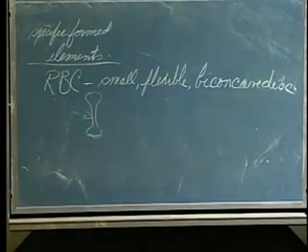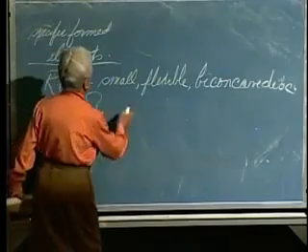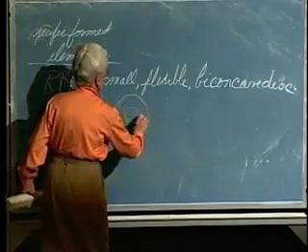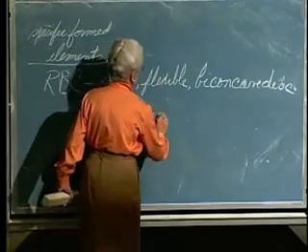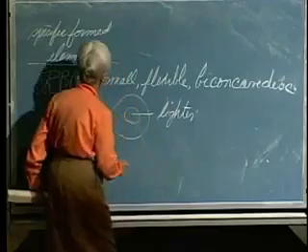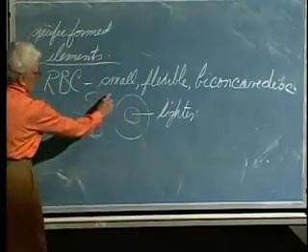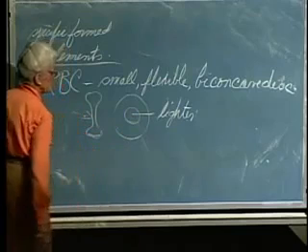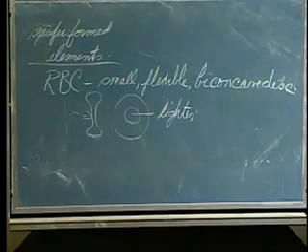If we look down on them, they'll be circular, and they'll be lighter in the middle for obvious reasons. It's thinner there. So they'll be dark on the outside, so you have to learn the normal characteristics, so when you see abnormal blood, you might see that and say, oh, that's abnormal.